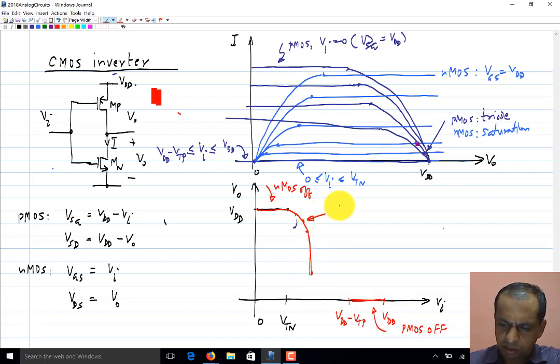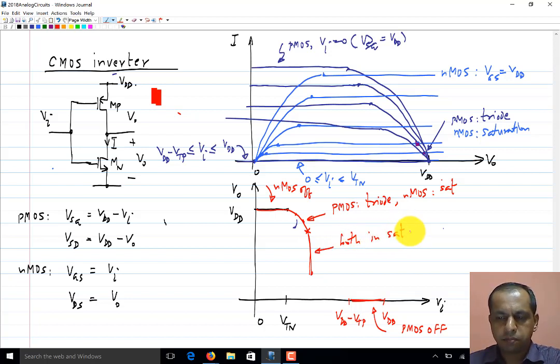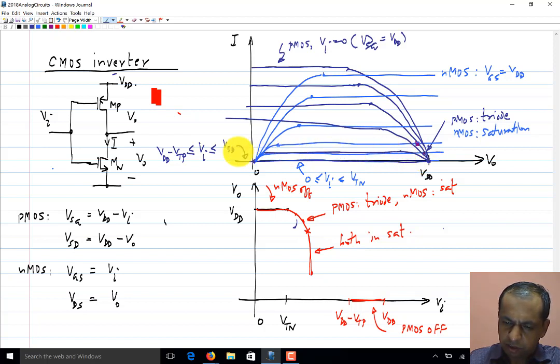Like I said, here the PMOS is in triode and the NMOS transistor is in saturation, and here both are in saturation region, and we'll eventually reach a point where the PMOS characteristic will be like this and intersects the NMOS characteristics here.